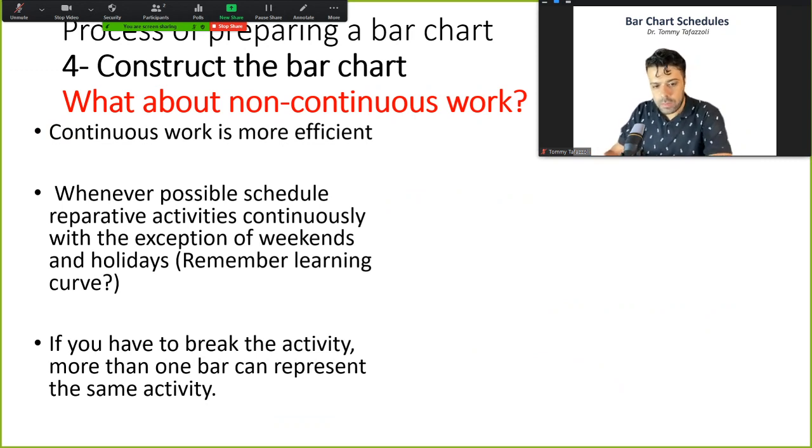So continuous work is always more efficient. You should keep that in mind. Whenever possible, schedule repetitive activities continuously. That's a lesson for life. I always do that. Whenever you have a number of activities, try to categorize them into repetitive ones and do the repetitive ones together.